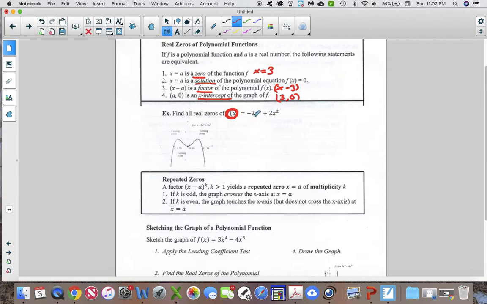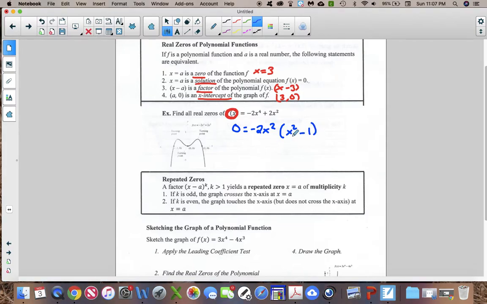So we look to see what we can do. What I'm going to try first is pull out a negative 2x squared, so that the first term is positive. If I pull negative 2x squared out, I'll have x squared minus 1.